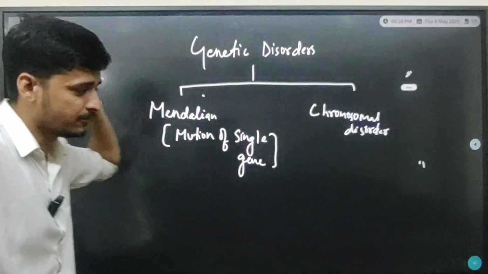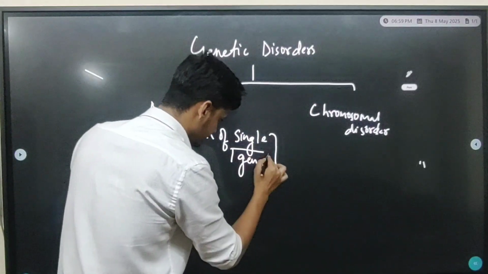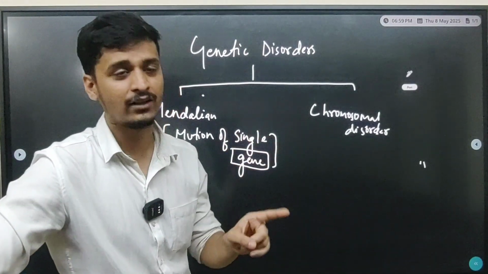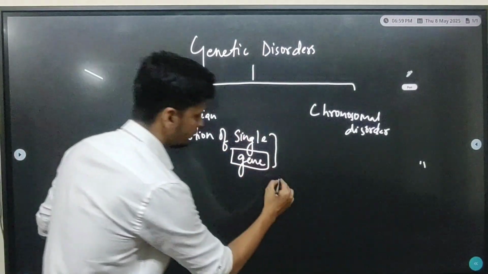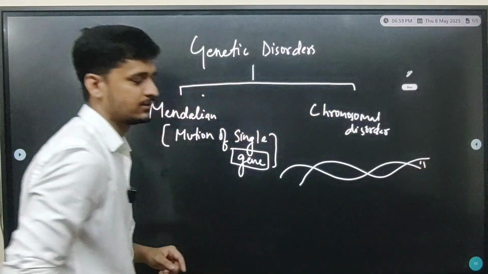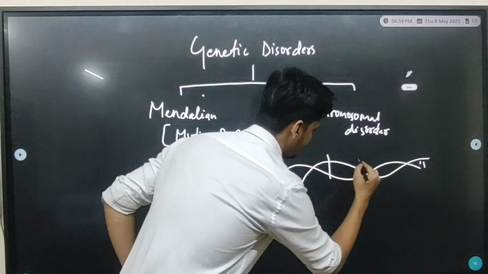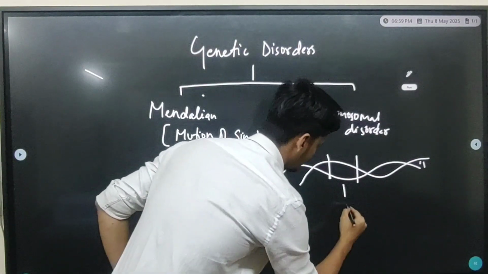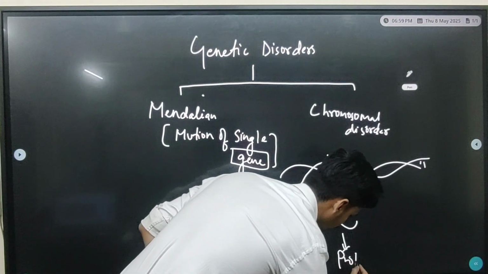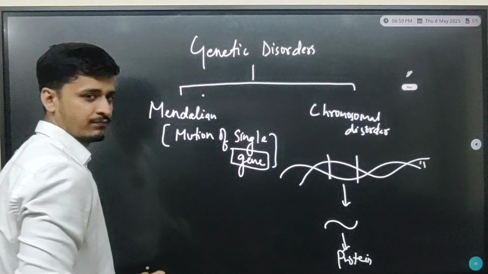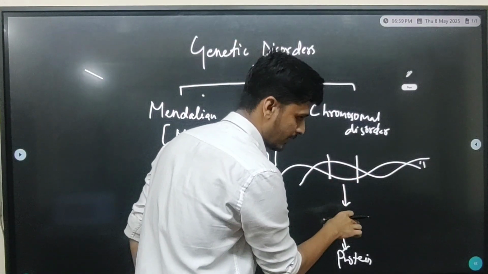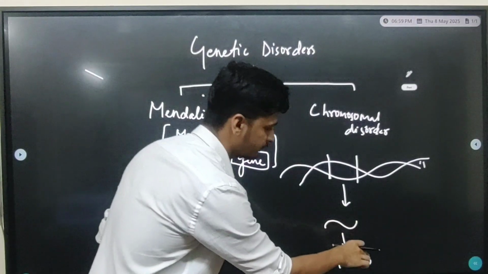So first of all, what is a gene? A gene is the functional segment of DNA that codes for protein. For example, if this is DNA and this is the functional segment, it will undergo transcription and produce functional mRNA, and after translation produce a functional protein.